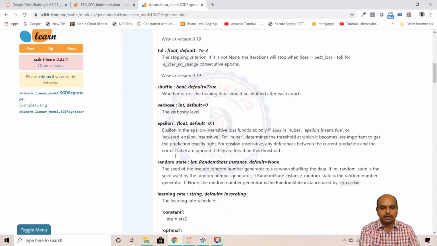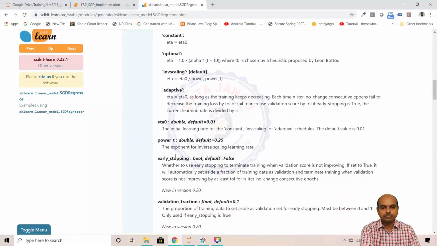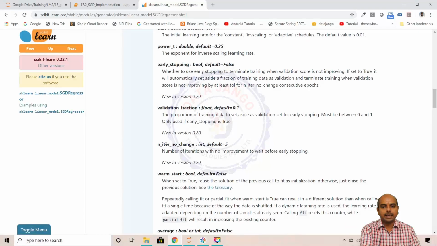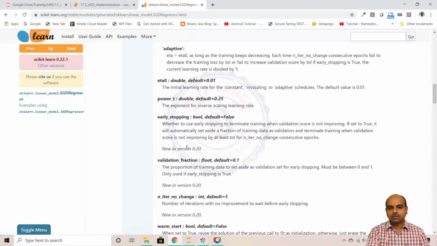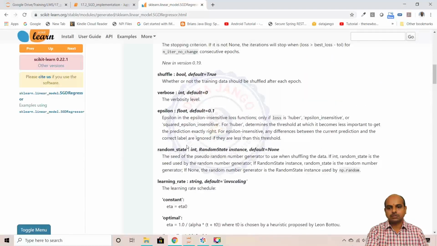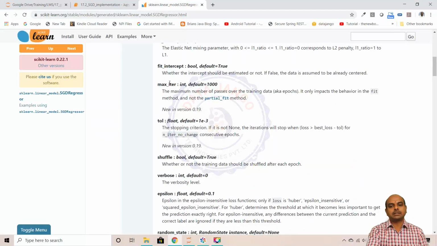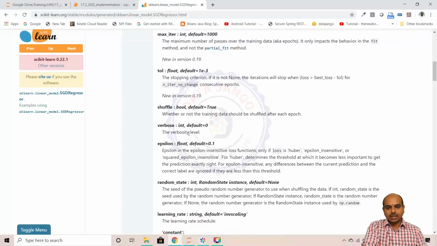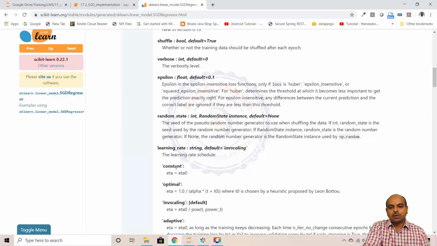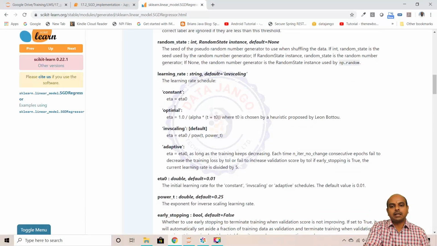So if you look at the n iters, max iters, right? Max iters is 1000. By default, it is doing 1000 iterations. And then the learning rate, generally if you say constant, it takes eta 0 as the learning rate, or alpha.